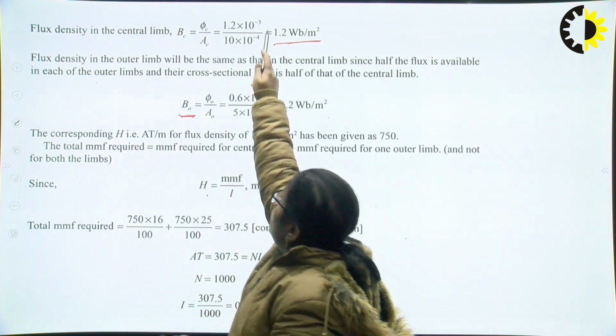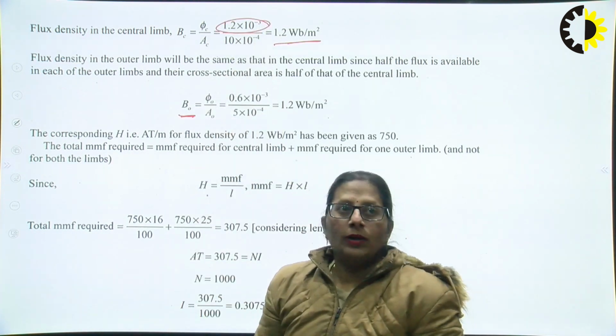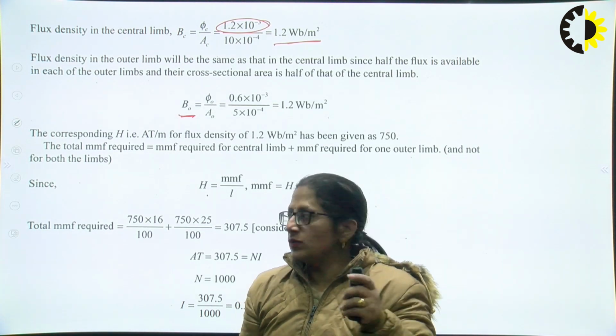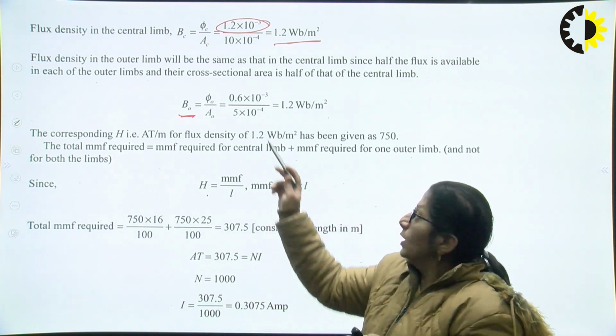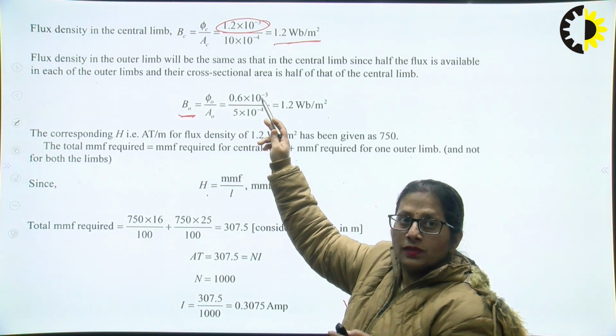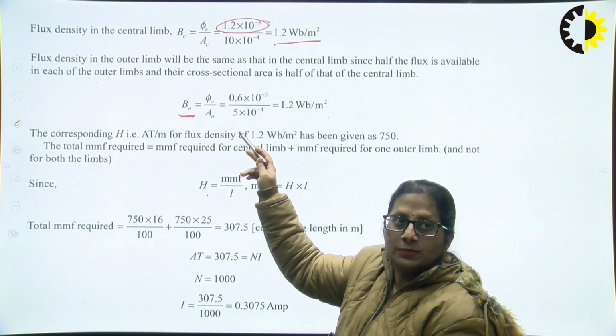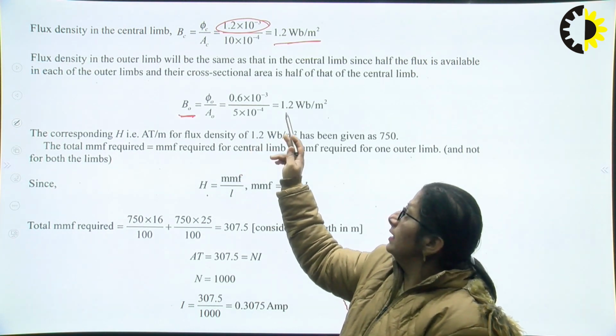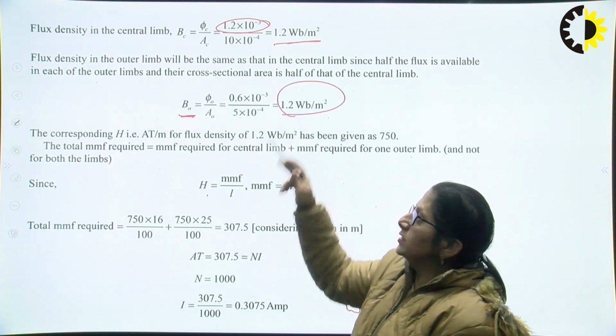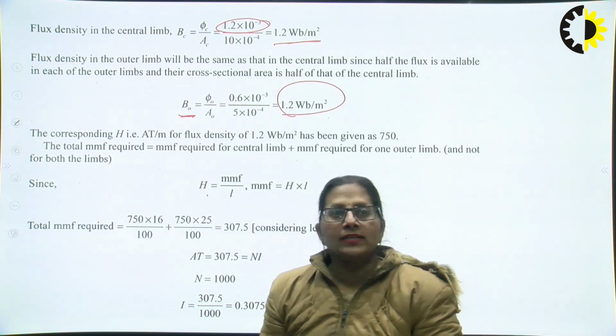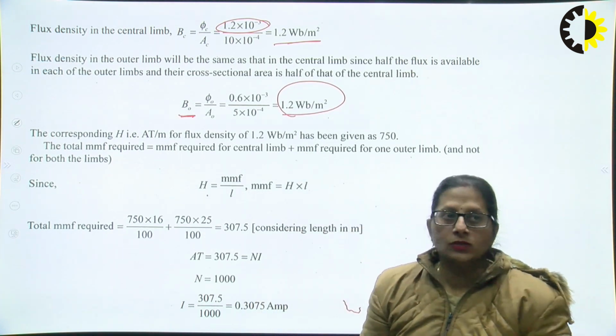This flux, 1.2 into 10 to the power of minus 3, is going to get divided into 2. So it is 0.6 milliweber, divided by the area, which is also half. So here also the flux density is 1.2 Weber per meter square.